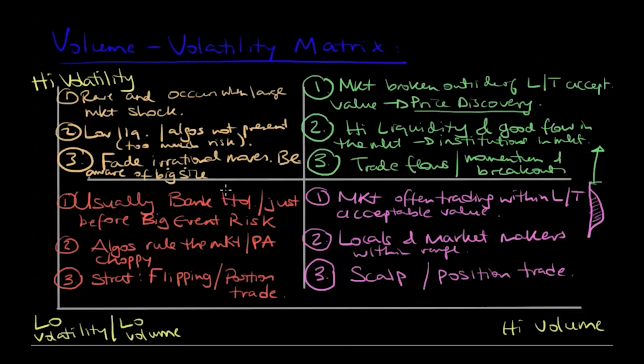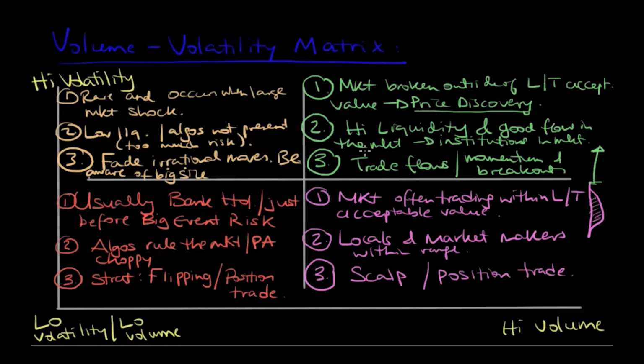So these are the kinds of volume and liquidity conditions that you can have in the marketplace. It's important to understand these, like I said before, because the market's always moving from one to the other. Usually the market doesn't spend a lot of time in this quadrant.